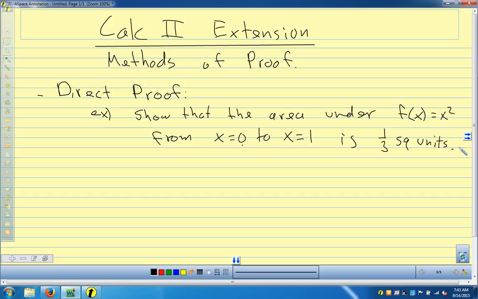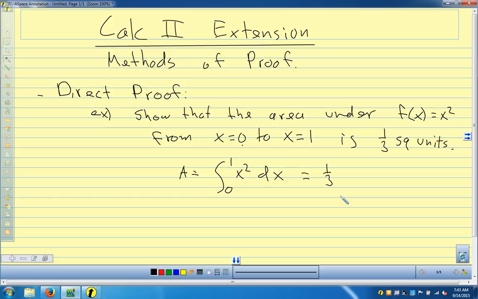Integrate. So we would say the area equals the integral from 0 to 1 of x squared dx, which equals 1/3. We're accepting that the integral gives us the area under the curve. We don't need to prove that. So we know that if we integrate, we get 1/3. And we do some homework problems where it will say show that this is true, or show that the volume of this solid of revolution is such and such.